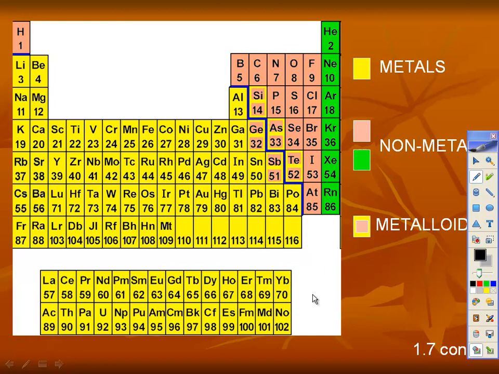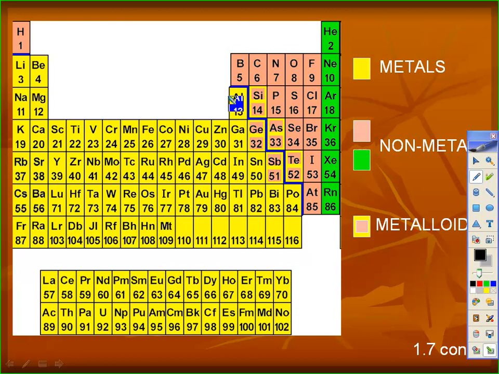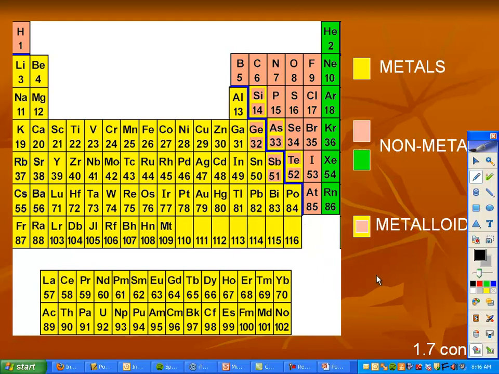Those are your metalloids, so they fall right along the stair step. If they are touching the stair step, generally they're considered to be metalloids. So I would even say that that includes aluminum. These are your metalloids, where they are actually bordered on one side by the stair step. So very few of those, right on the stair step, that dividing line.